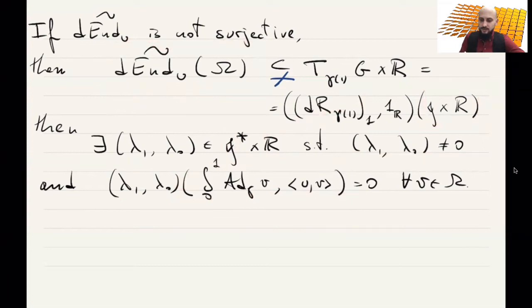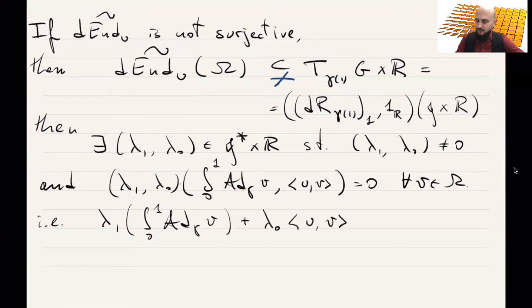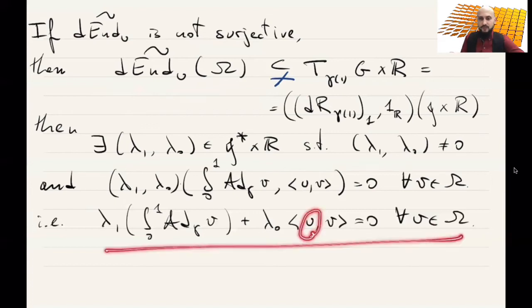Let me write this scalar product. So in other words, lambda 1 applied to the integral between 0 and 1 of gamma v, plus lambda 0 times the scalar product of u and v, is equal to 0 for all v in omega. So this is a condition that a control u of a geodesic must satisfy for every v.